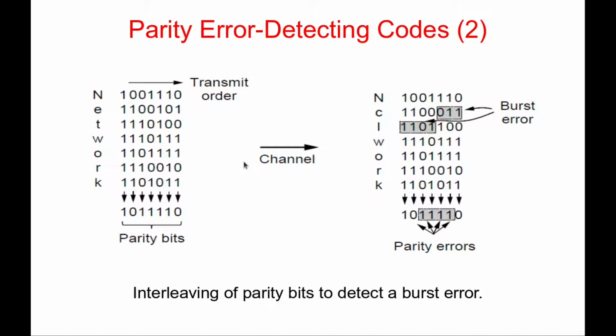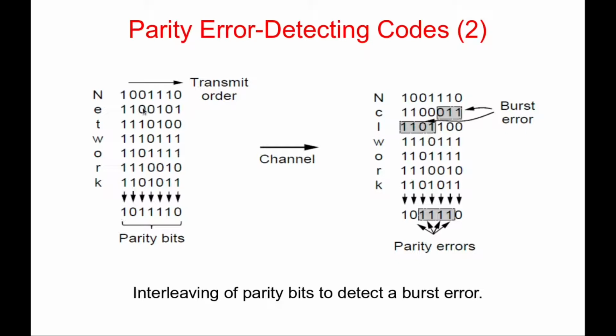Now we will implement another logic which is called interleaving, so that we will not transmit one single row at a time. Rather we will calculate a parity for each individual column first.